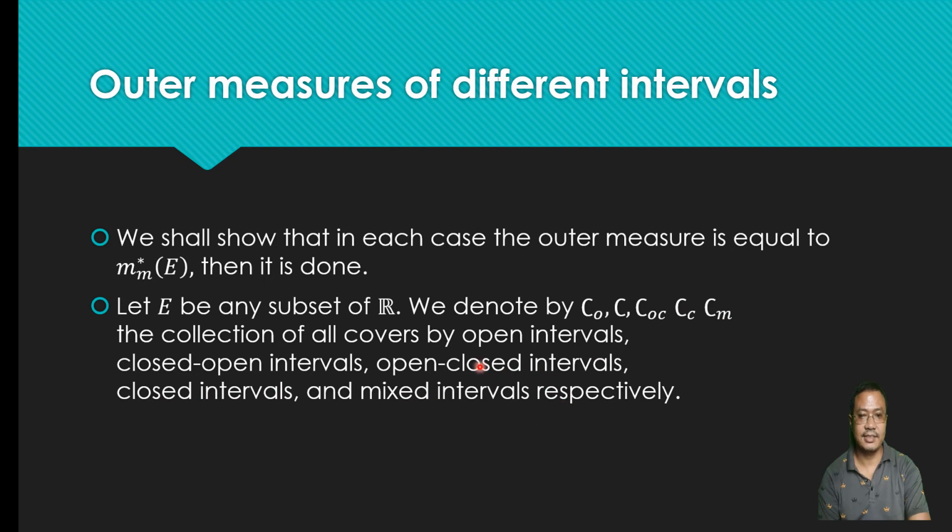Okay, so you think about E, then E will have a cover by open intervals, and the collection of all those covers is denoted by C naught, like this.